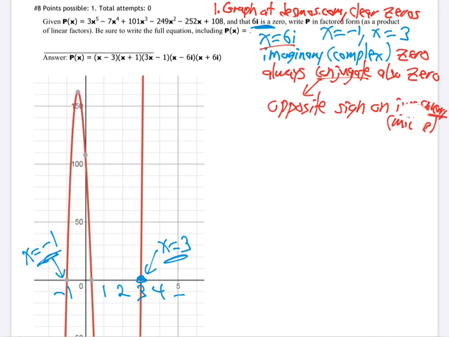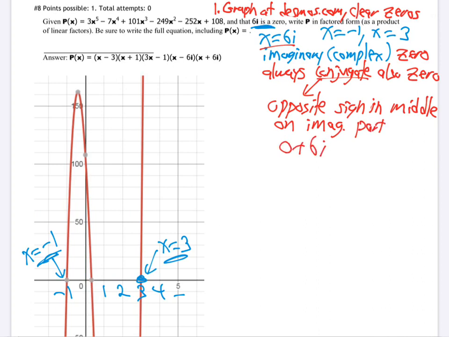Opposite sign, sorry, I'm getting a little scribbly there. Opposite sign in the middle on the imaginary part.